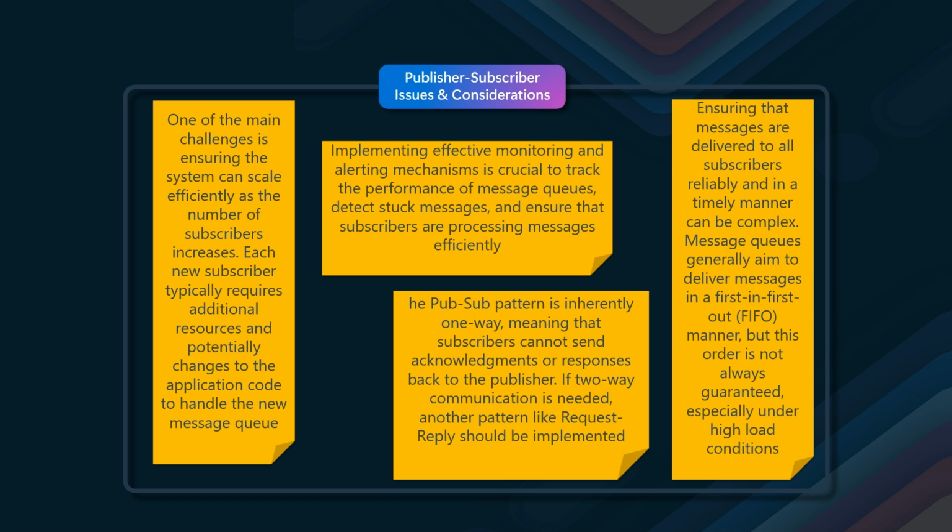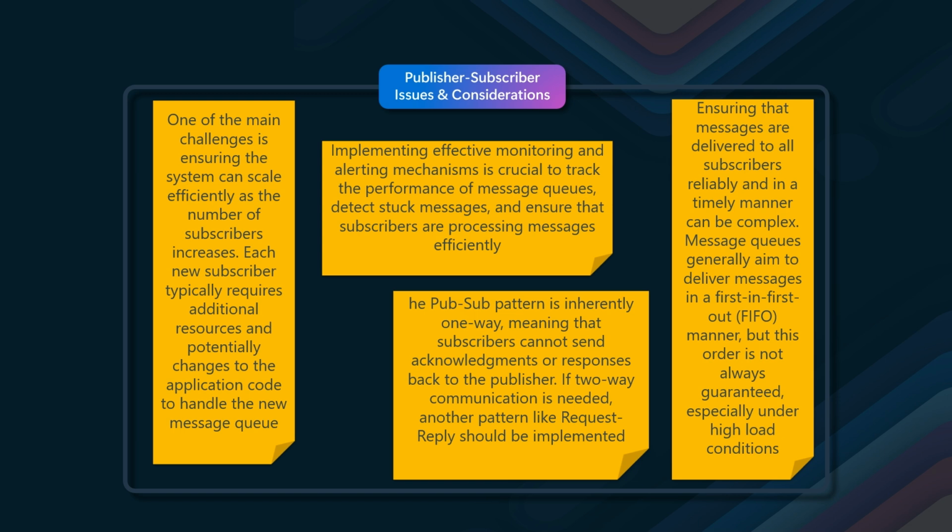These messages should be moved to a separate poison queue to free up the main queue for other messages. One-way communication. The pub-sub pattern is inherently one-way, meaning that subscribers cannot send acknowledgements or responses back to the publisher. If two-way communication is needed, another pattern such as request-reply should be implemented.